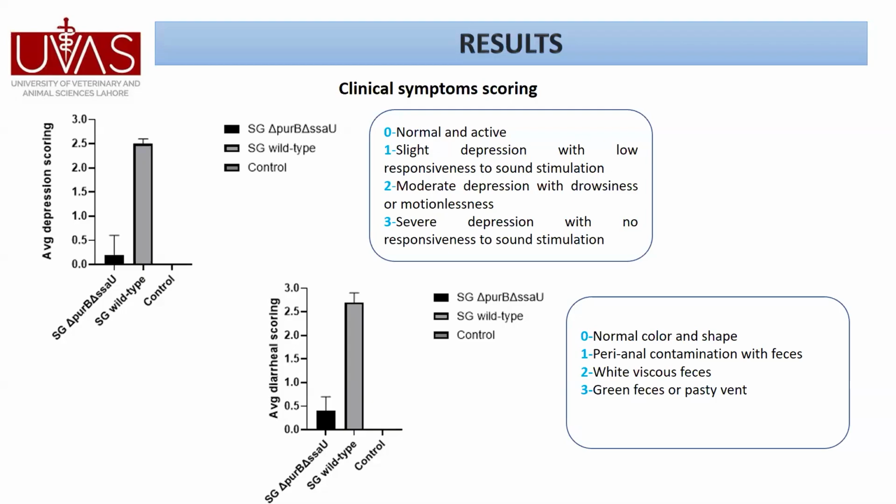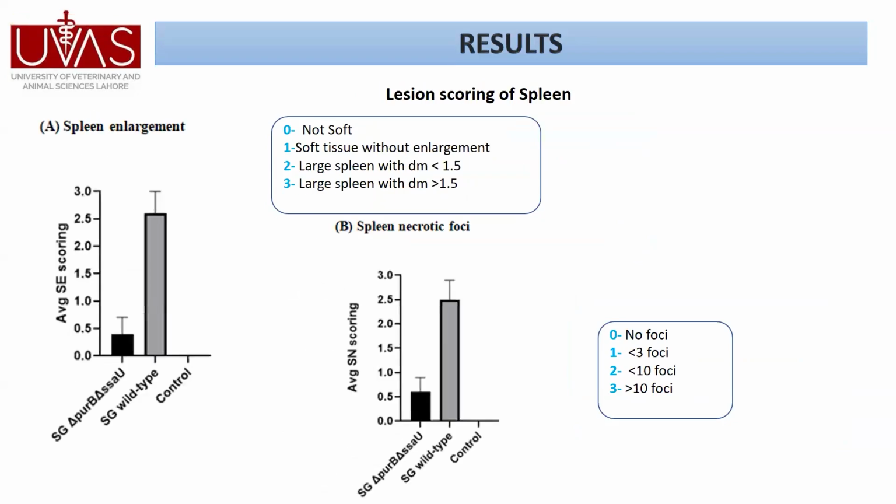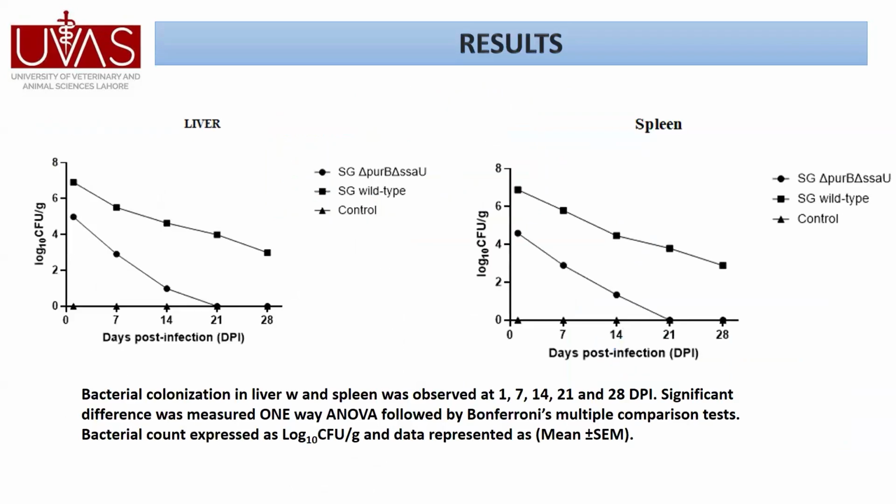All those signs were declared, which again proves that the mutant has lost its ability to cause disease. Thirdly, we did spleen and liver scoring, counting the number of foci present on the liver and spleen, and it was very interesting to see that the mutant behaved extraordinarily. Similarly, the spleen result was good.